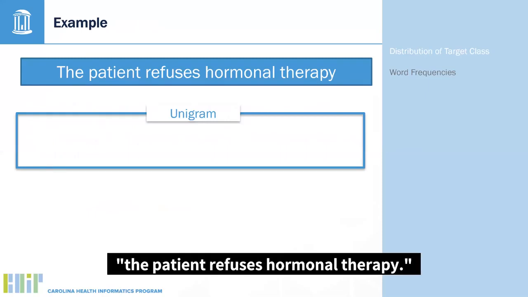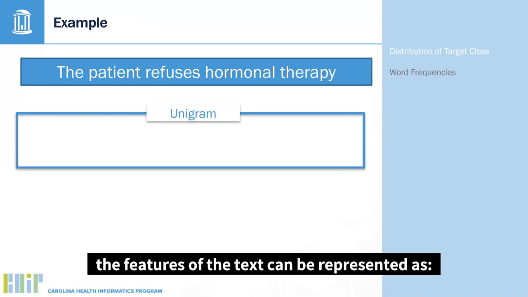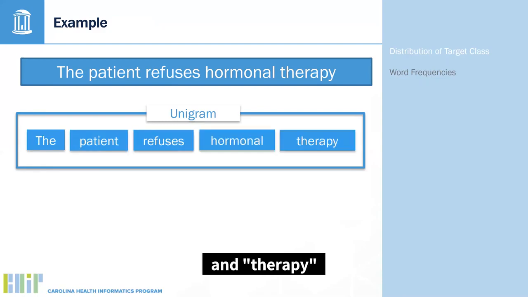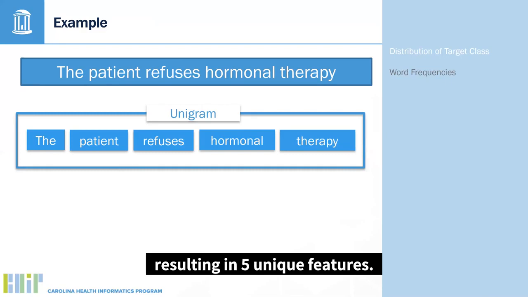Consider the sentence, "The patient refuses hormonal therapy." In unigram, the features of the text can be represented as the, patient, refuses, hormonal, and therapy, resulting in 5 unique features.